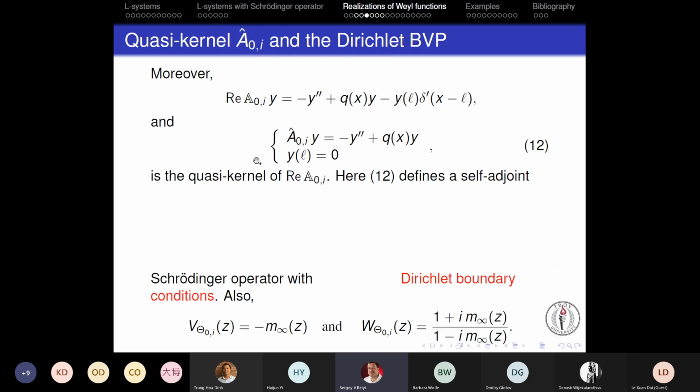What is interesting is that when one calculates the real part of the state space operator, its quasi-kernel, and quasi-kernel is again the part of the operator that doesn't stick out in the space of linear functionals, so you need to cut it. And it happens to be that the quasi-kernel of this is the well-known Dirichlet boundary problem, which is used a lot these days by groups of people who study boundary triplets. So Schrodinger operator with Dirichlet boundary problem serves as a quasi-kernel for this system.